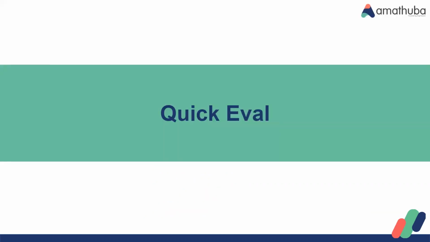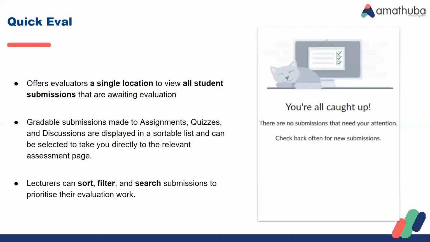So the first tool that we're going to take a look at is the quick eval tool. Just to note that quick eval is basically a single location. It's like a hub, if you want to think of it like that, where you can view all of the student submissions that are awaiting evaluation. So in other words, these are gradable submissions.